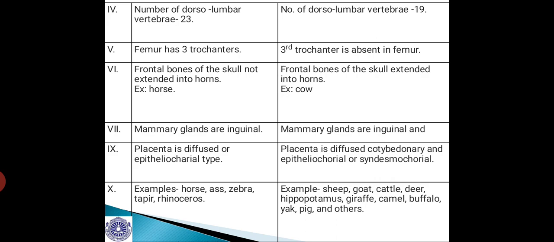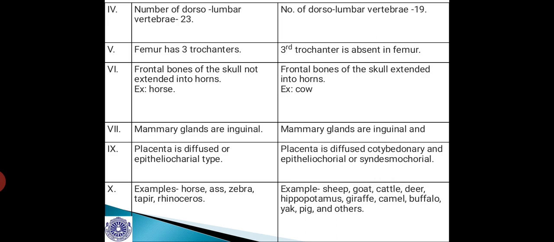You must have studied about the different regions of the vertebral column, like the first one, which is there in the head and neck region, and that region is said to be cervical, and the next region is thoracic, and the next region is lumbar, and the lumbar leads to the caudal region in case of those mammals which have a tail region. And the number of such lumbar vertebrae is about 19 only in case of Artiodactyla.